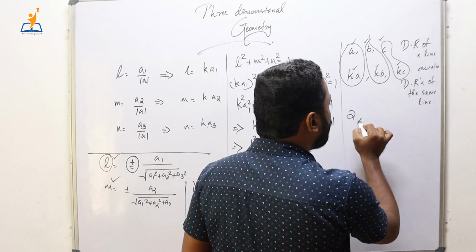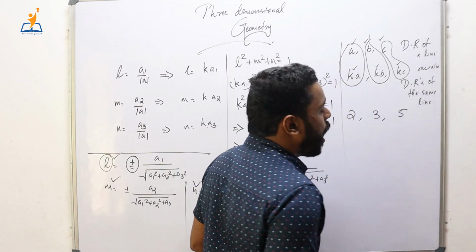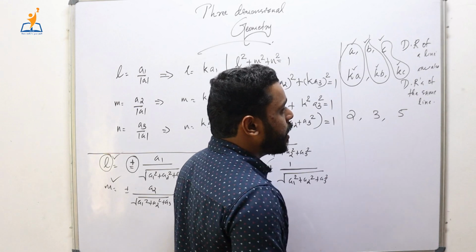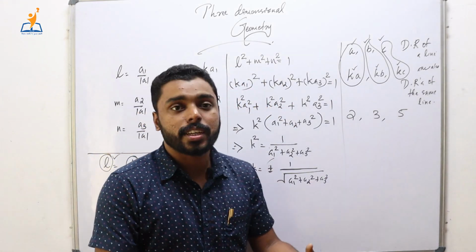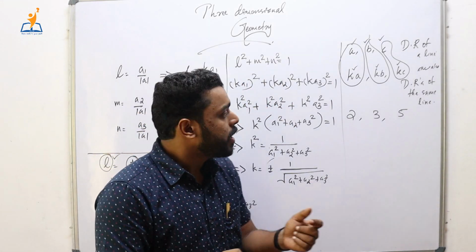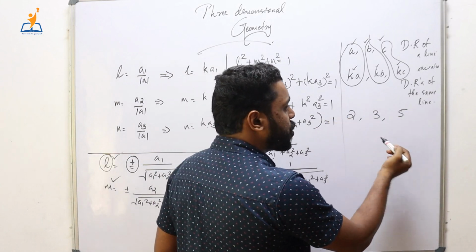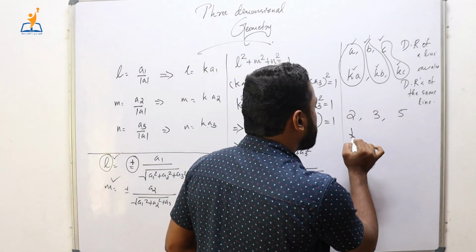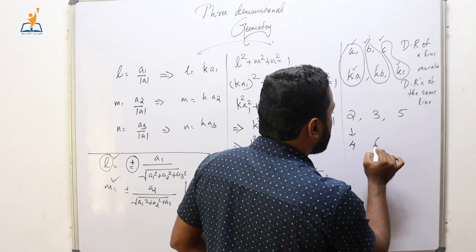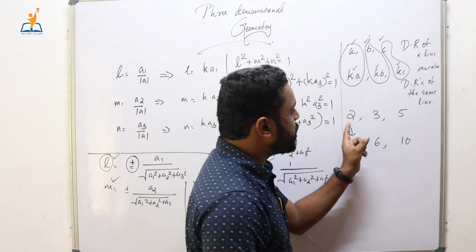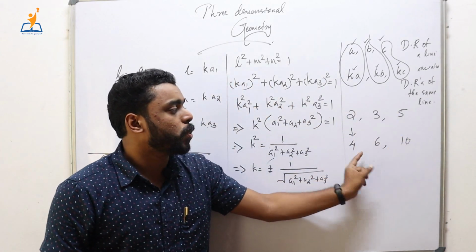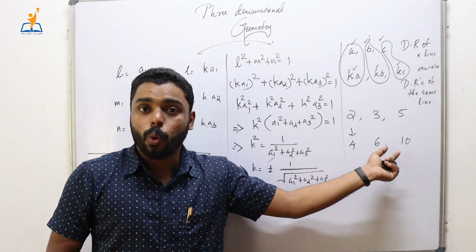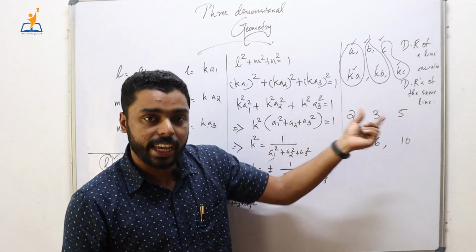Suppose that 2, 3 and 5 are the direction ratios of a line. Then we can find another set of direction ratios of the same line. Just find a set of direction ratios which is proportional to this. Suppose I am finding 4, 6 and 10. Each direction ratio is multiplied by 2. See, this set is also a direction ratio for the same line.